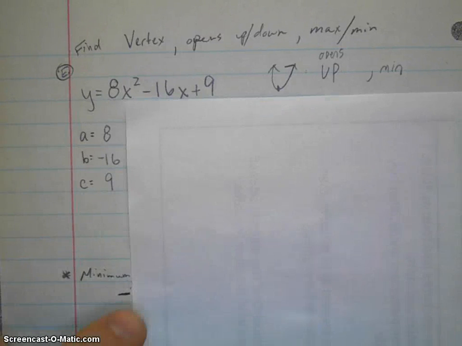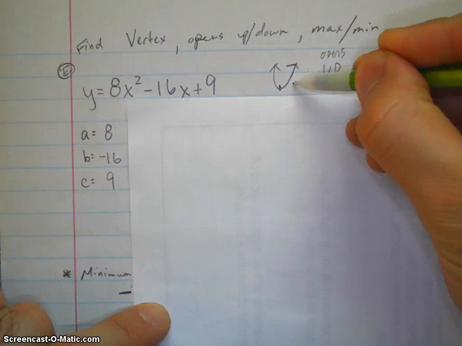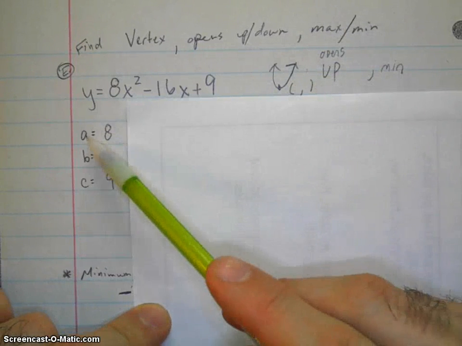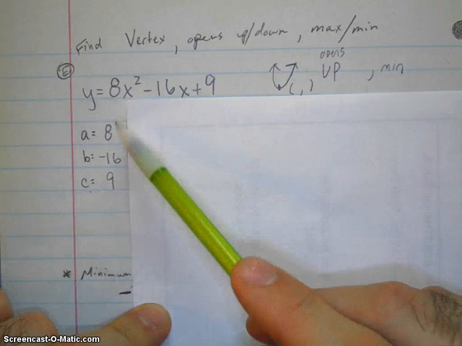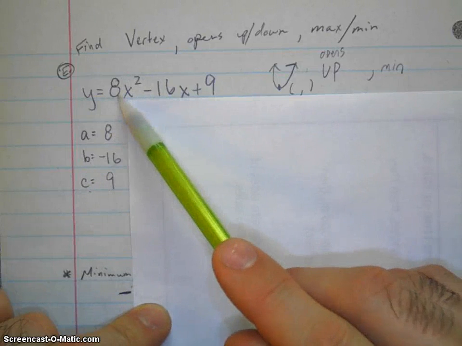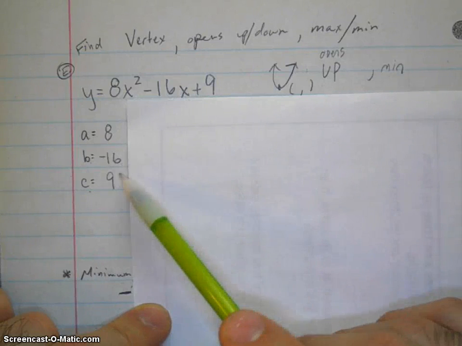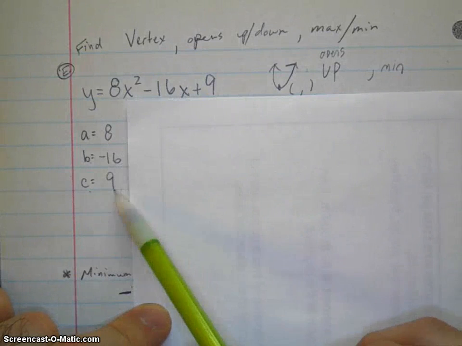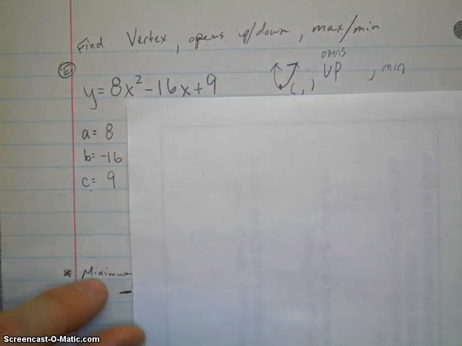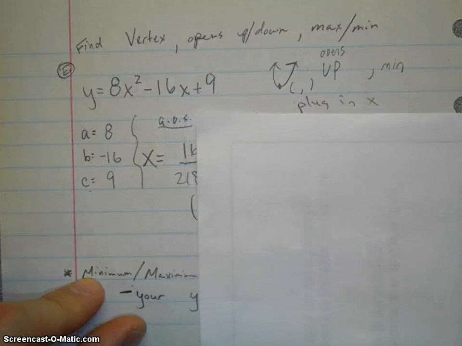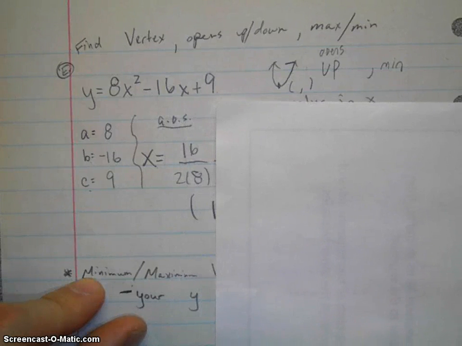When I'm trying to find the actual coordinate and value for my vertex, the first thing you have to remember is to find your a, b, c. My a in front of x squared is 8, my b in front of x is negative 16, and my c is 9. I'm going to plug the a and b into my axis of symmetry equation.